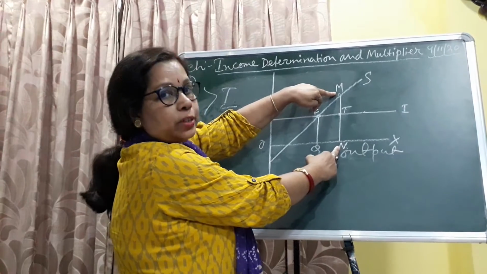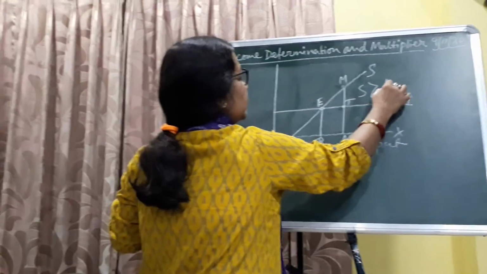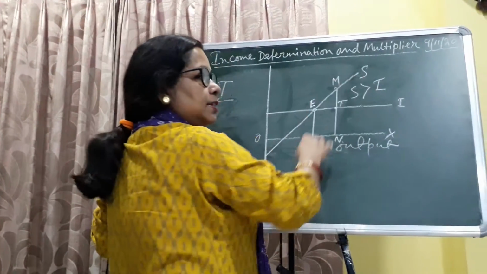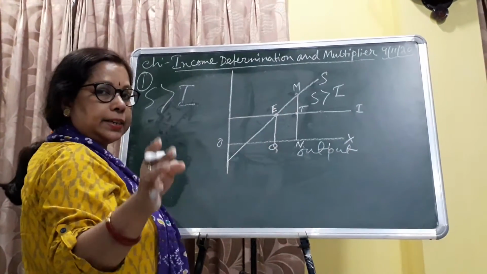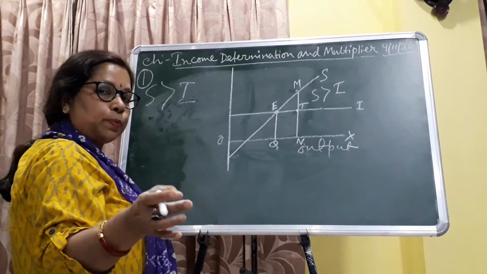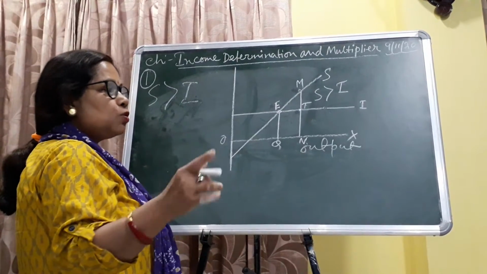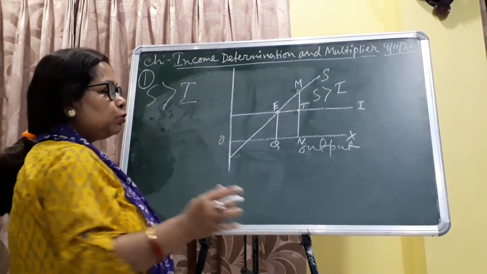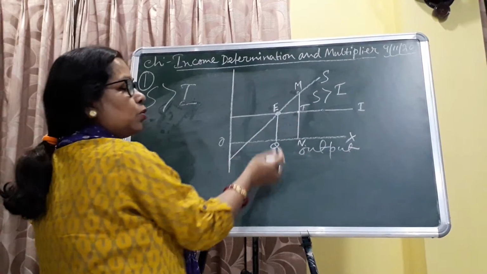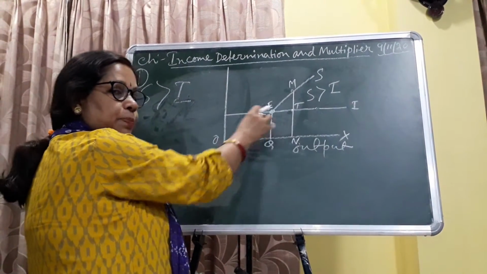Here saving is greater than investment. In such a situation the producer will stop production and reduce the level of output up to the equilibrium level. When saving equals investment, it will restore the previous position.